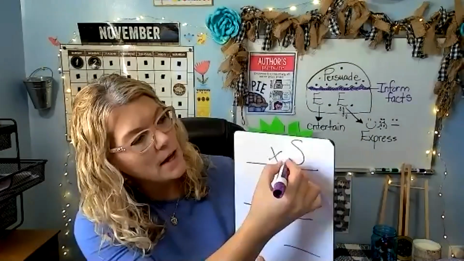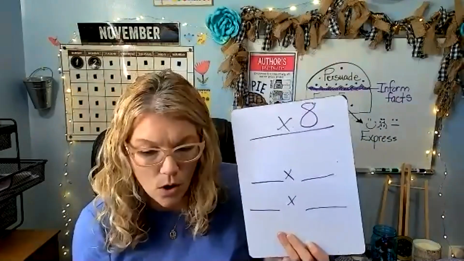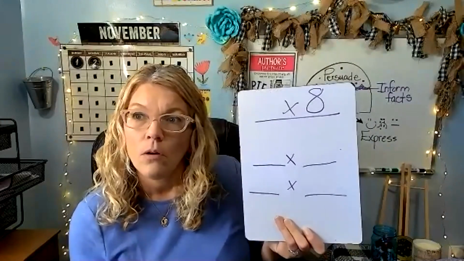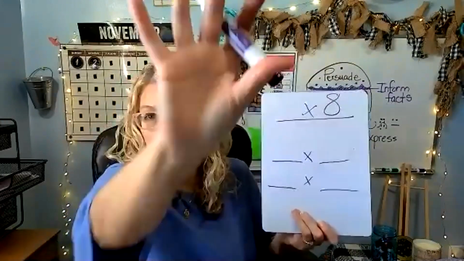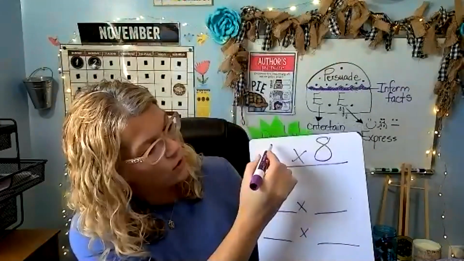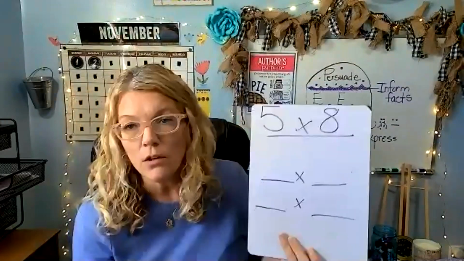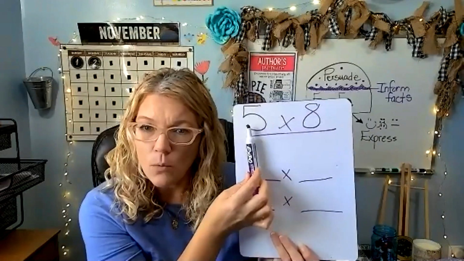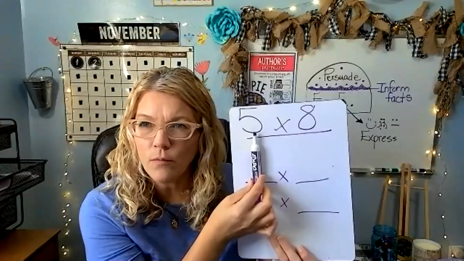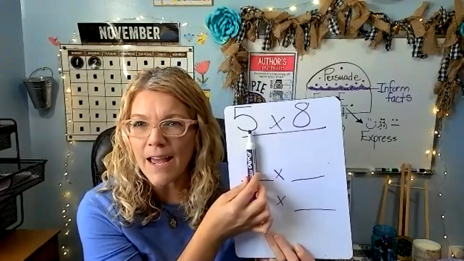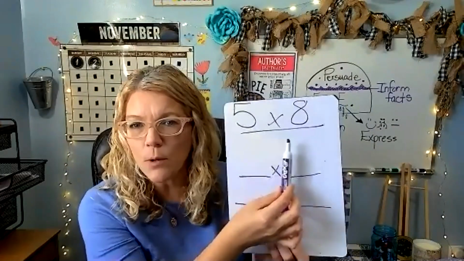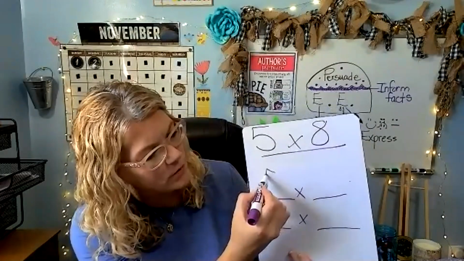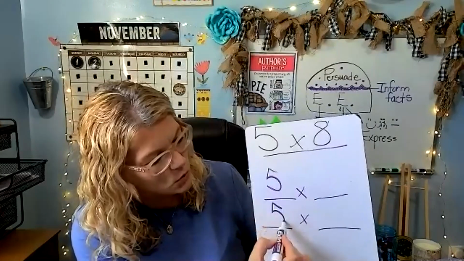So 8 columns and how many rows? 5. There's 5 rows. So that's one that we just did. Now what I want you to do, would you break up the 5? Probably not. You might know your 5s. Let's break up the 8. That's the bigger number. So I'm not going to break up the 5. I'm just going to bring the 5 down to these 2 problems.